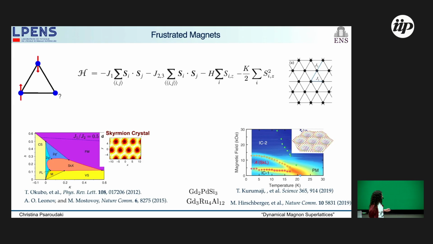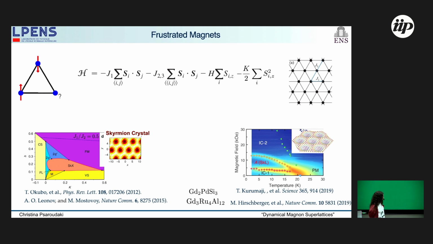This model has been studied quite recently, and we know that it supports a skyrmion lattice phase and isolated skyrmions in the phase diagram. And in 2019, there were a number of materials that belong to the rare earth intermetallics where skyrmion lattices have been observed in this material category.